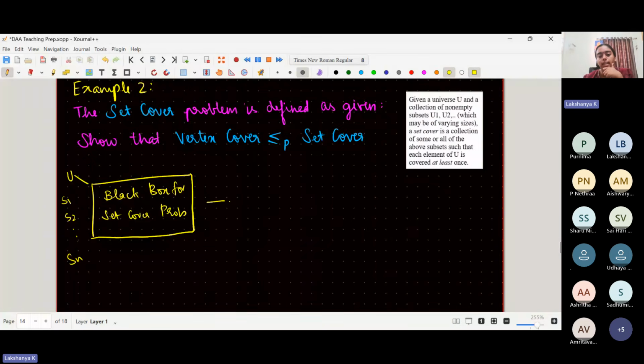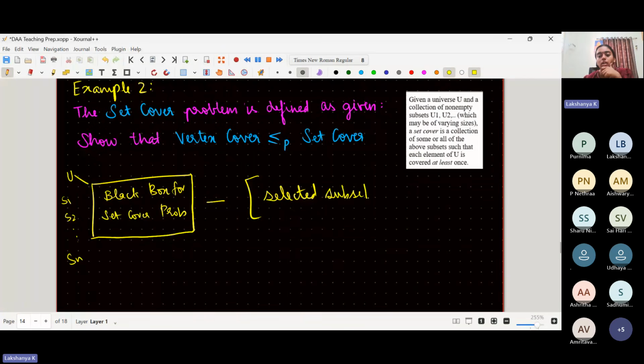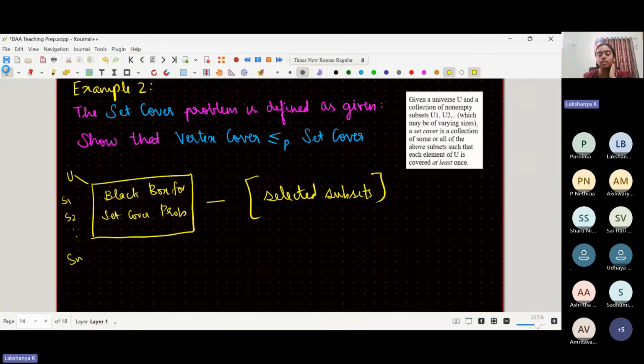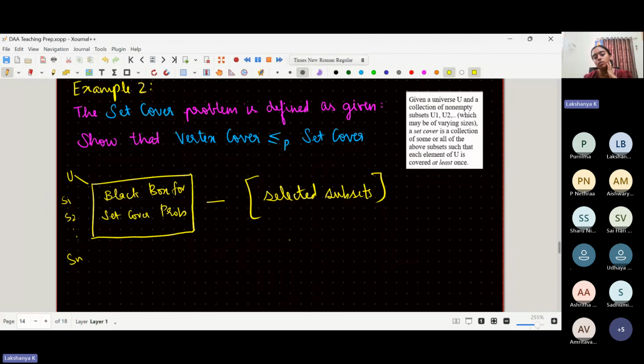It will give you the selected subsets such that all the elements in the universe are covered. So using this, you have to find the vertex cover of a graph G.